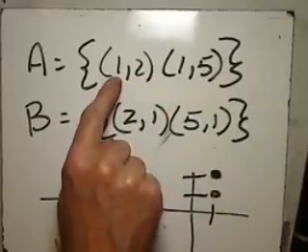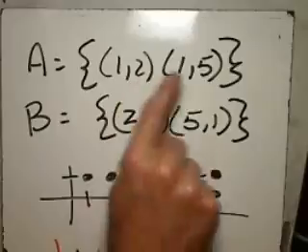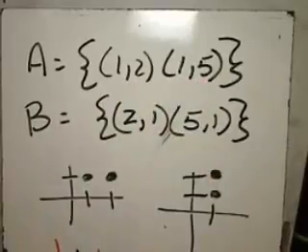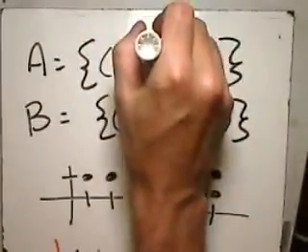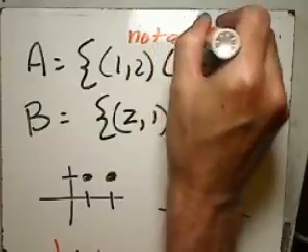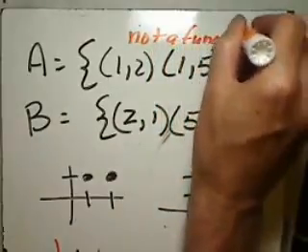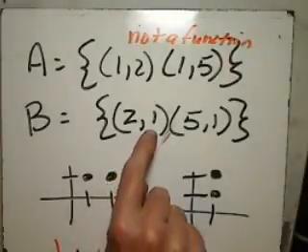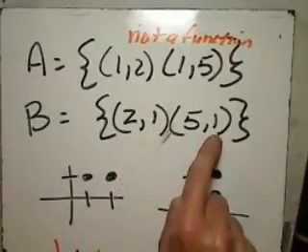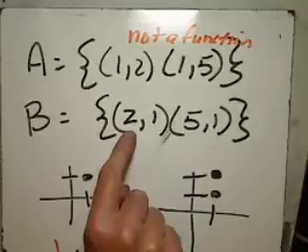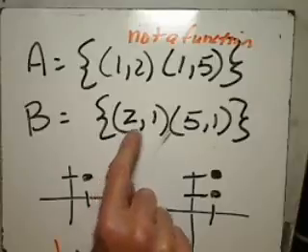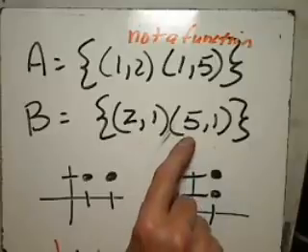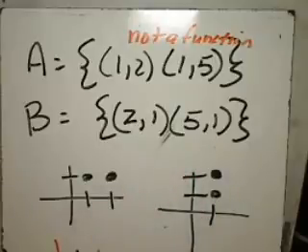Notice how that 1 is associated with the 2 and a 5, so that would be not a function. Now notice in the second one, even though I have a range value that is the same, I do not have any x values that are the same. I have an x value of 2 and an x value of 5. That is a function. So keep that in mind.